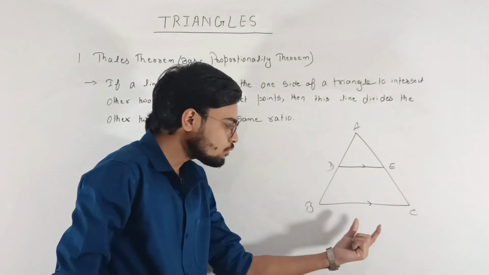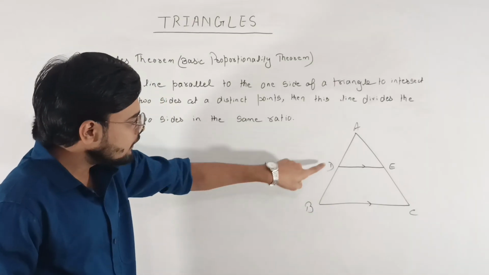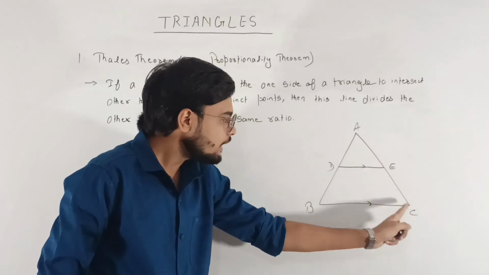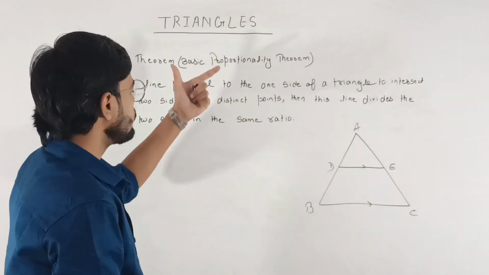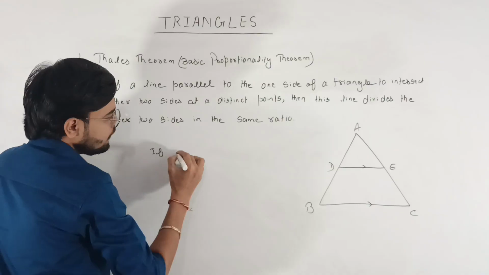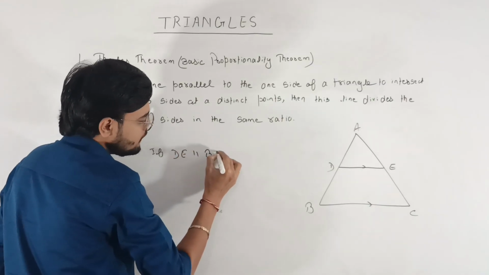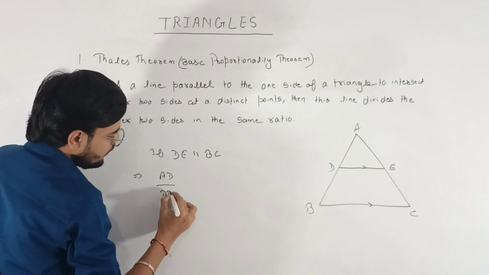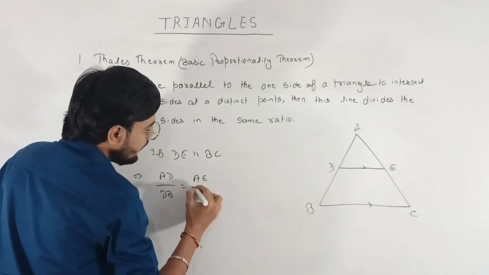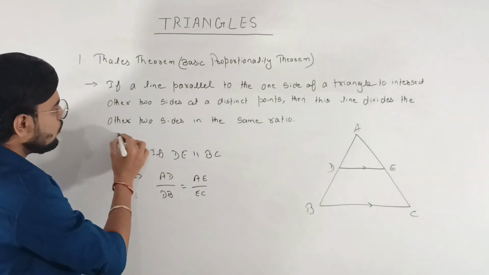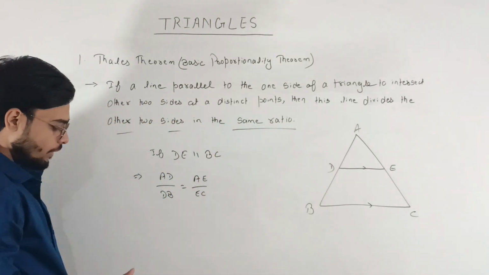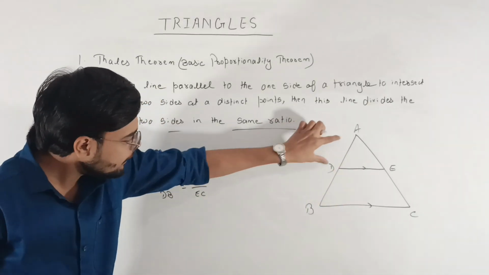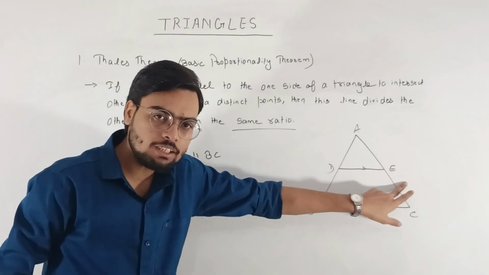This line DE is parallel to side BC and intersects AB at point D and AC at point E. Then by Thales theorem or BPT theorem, if DE is parallel to BC, then AD upon DB is equal to AE upon EC. Other two sides are divided in the same ratio.